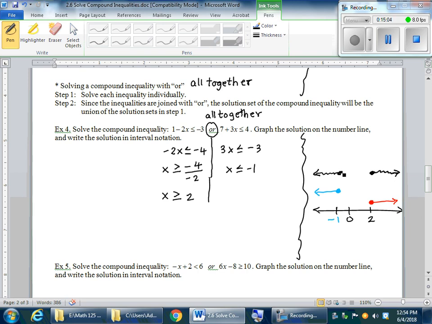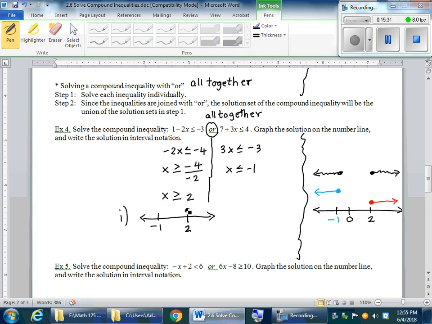That would be our final solution. So you have to be careful with what kind of compound statement we are talking about, right? Because the graph looks similar to the previous one, but the interpretation is different. So my answer will be, there's -1. Here's 2.